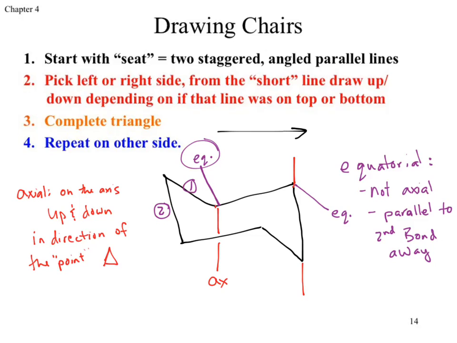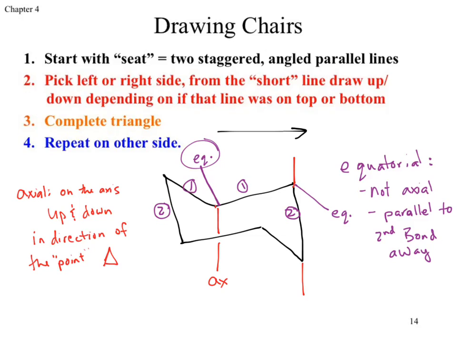Okay? But that was counting left to right. Of course, it's got to be different if we counted right to left, doesn't it? It's also parallel. It doesn't matter which direction you count around your structure, it will be parallel to it, assuming you drew the chair nicely.